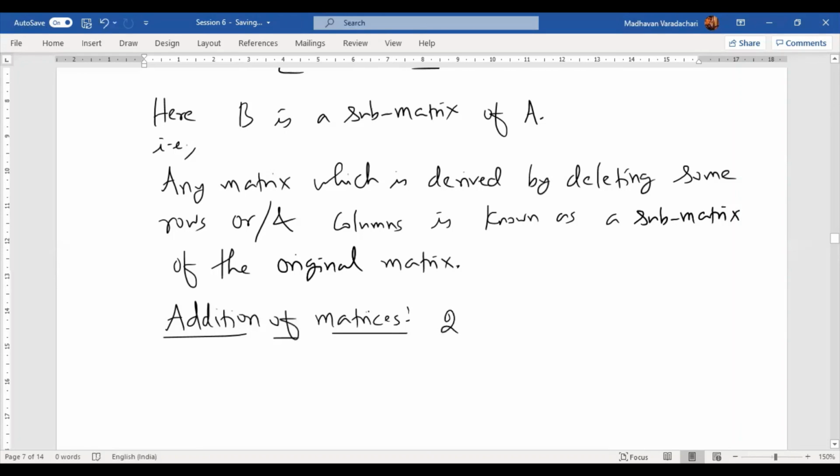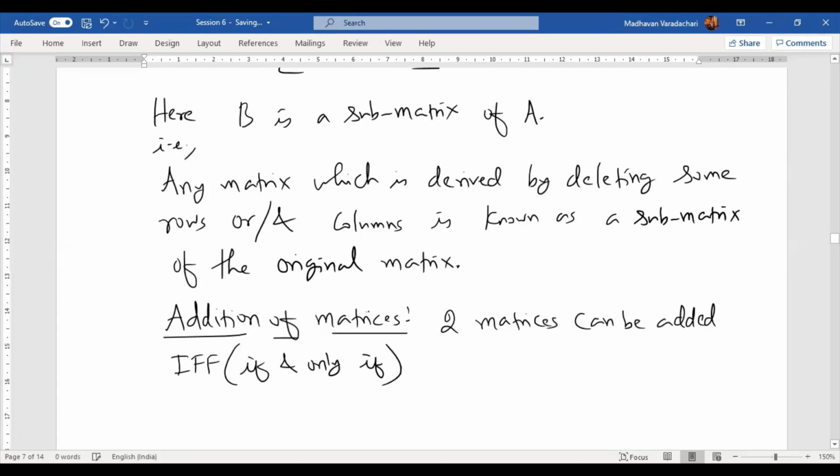Two matrices can be added if and only if, generally written as IFF, their order is the same. Both should be of the same order, then only you are able to add.